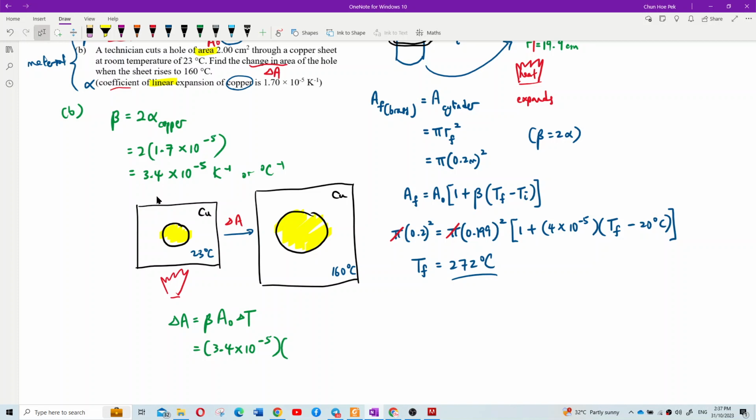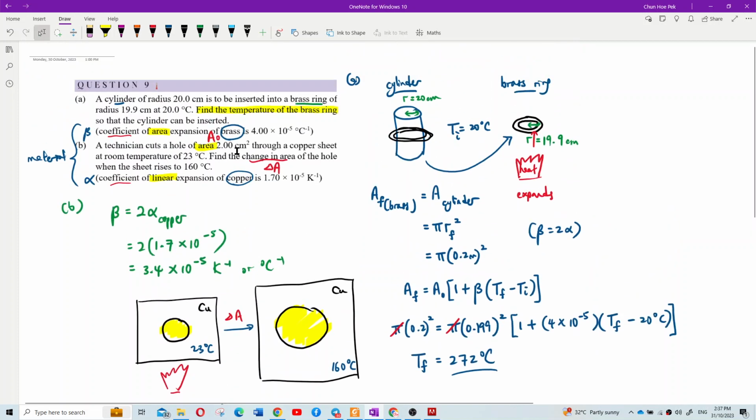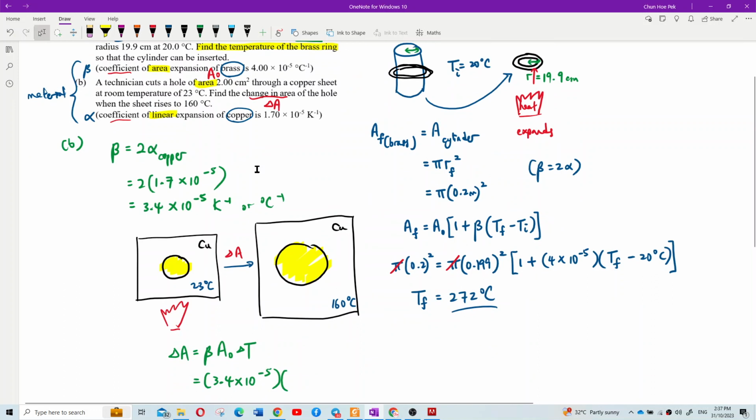Initial area, what's the initial area? I can maintain it as cm square. I don't need to change it. I maintain cm square. 2 cm square, the initial area, and then the change of temperature means final temperature minus initial temperature: 160 minus 23 degrees Celsius.